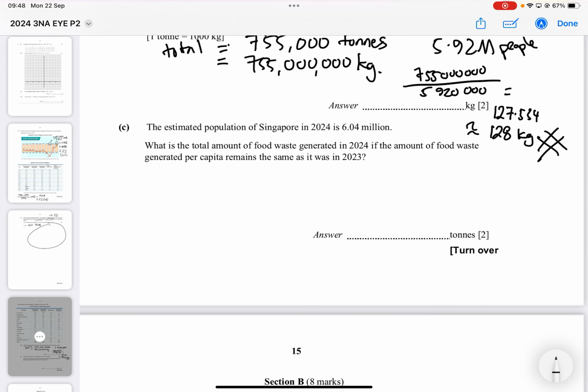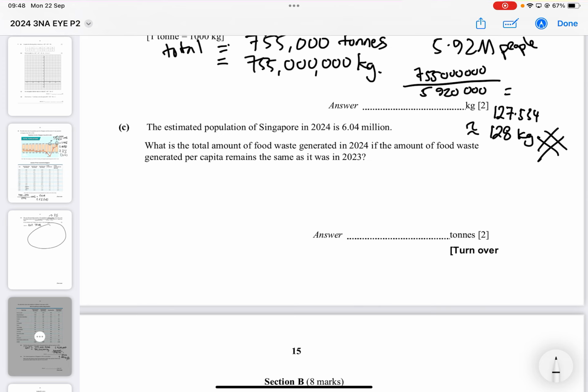Can? Then part C will need you to have this answer. They tell you 2024. At first you don't know yet. This one is an estimated. The estimated population in 2024 is 6.04 million. Then what is the total amount of food waste generated if the amount of food waste per person is the same?